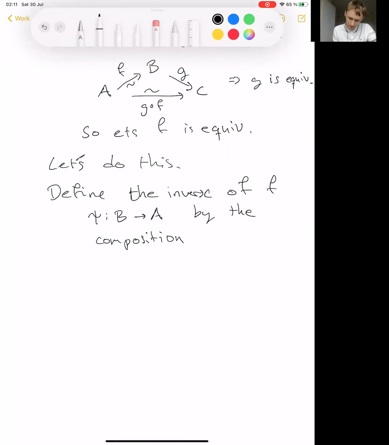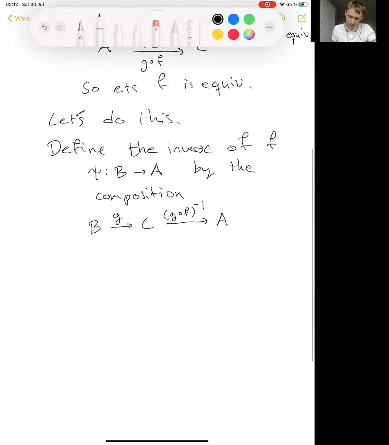It's going to be this composition: we start at B and we go into C by g, and then we go from C into A by (g composed with f) inverse. Our assumption was that g composed with f was an equivalence, so it has an inverse.